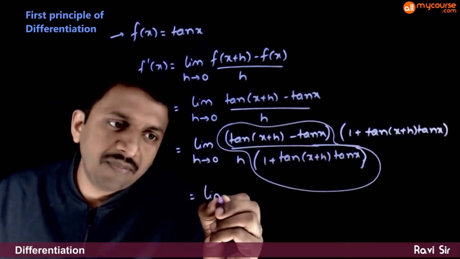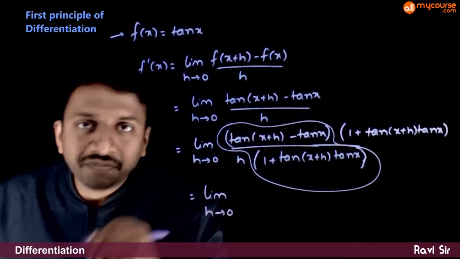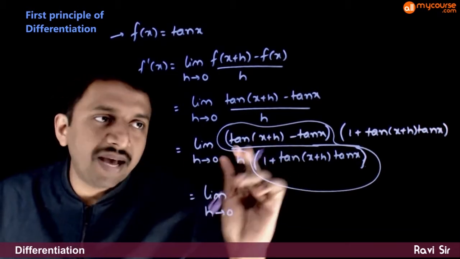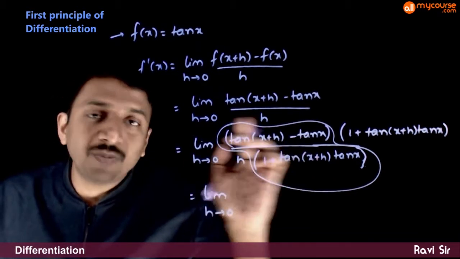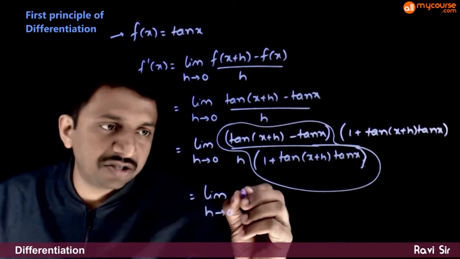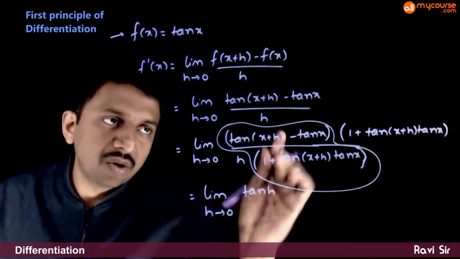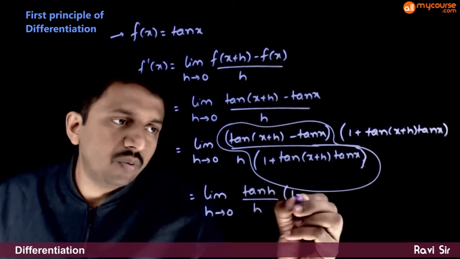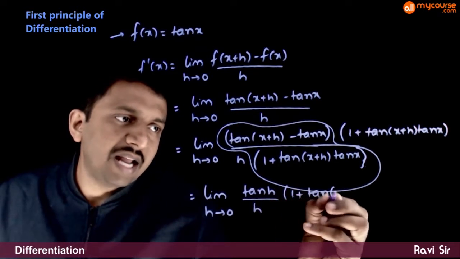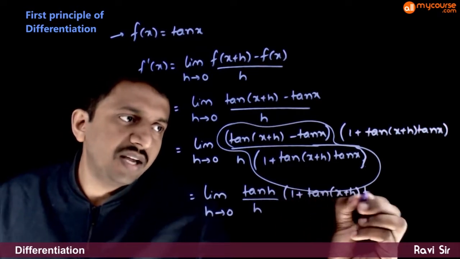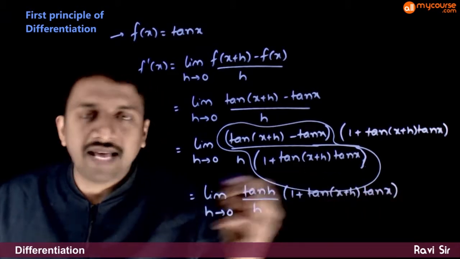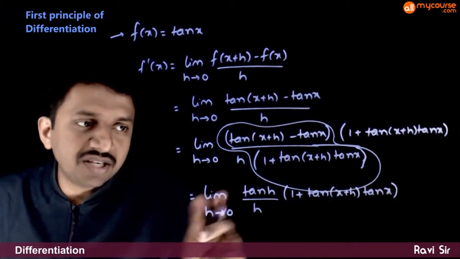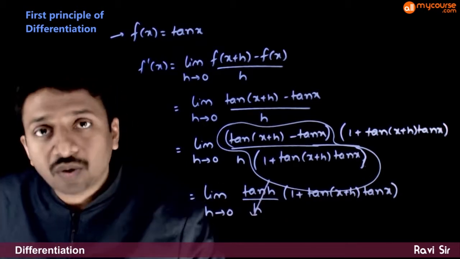That is equal to limit h tends to 0. tan of a minus b, that is tan of (x + h) minus x, is nothing but tan h. So this whole expression becomes tan h by h into 1 plus tan(x + h) times tan x. As h tends to 0, tan h by h goes to 1.